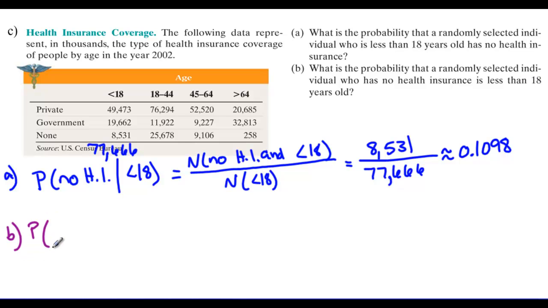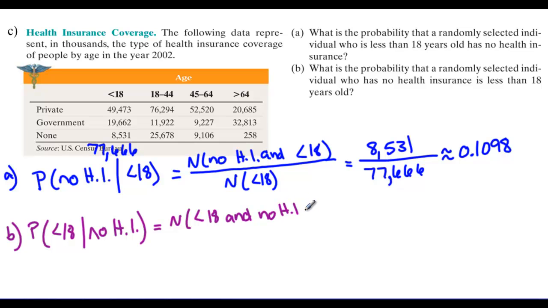So the probability that we've picked somebody who's less than 18, given that they have no health insurance, is going to be the number of people that are under 18 and have no health insurance. That's the same top number as we had up here, divided by the number of people with no health insurance.